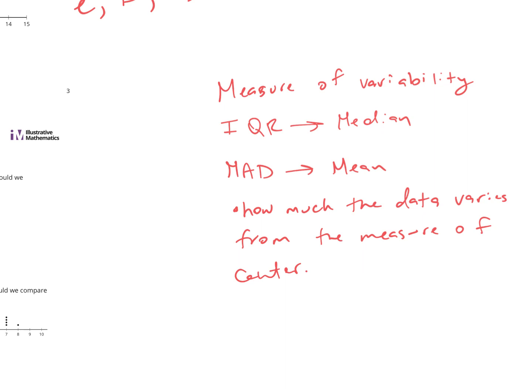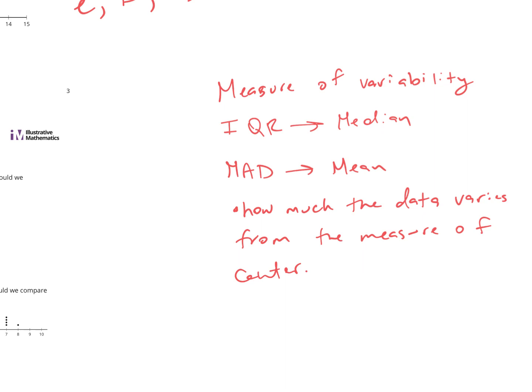When they do trials, they're going to collect all these statistics and they're going to calculate mean absolute deviation, or IQR. And then we'll even get into standard deviation in future lessons. And they know that if their variation is on the smaller side, their results are more reliable, and they can say that, yes, this drug does do what we want it to do. So this part of statistics is really, really important for a lot of researchers out there.